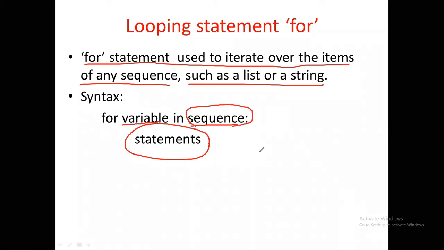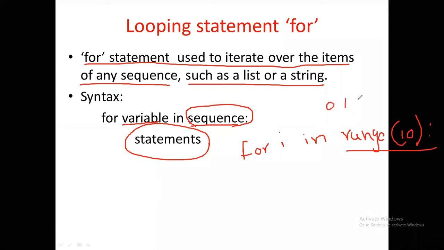What it means, here I am taking a variable and you are going to use these sequences. So for example, for i in range of 10. What is the output of this range of 10? 0, 1, 2, 3, 4, 5, 6, 7, 8, 9.